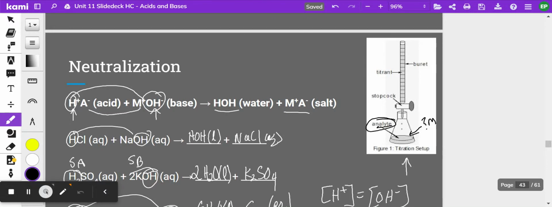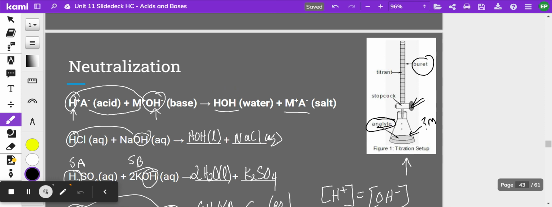And the cool part is that we get to use a fancy piece of lab equipment known as a burette. Burettes allow for very slow, controlled quantities of acids or bases to be released by the opening and closing of this valve known as the stopcock.